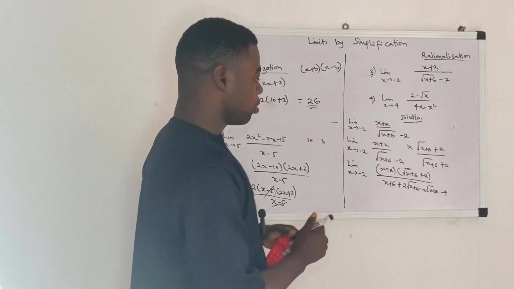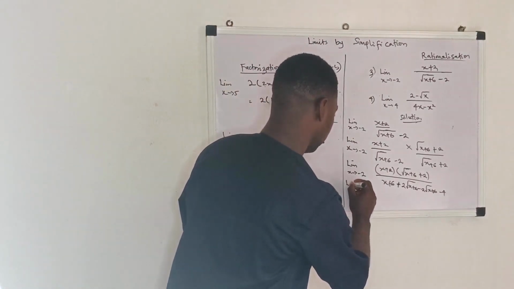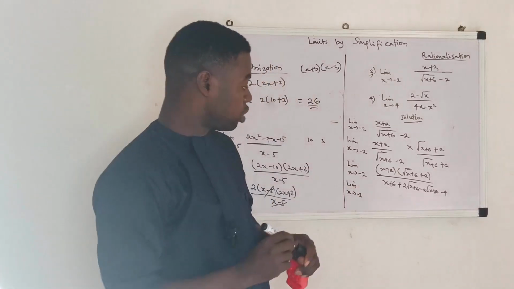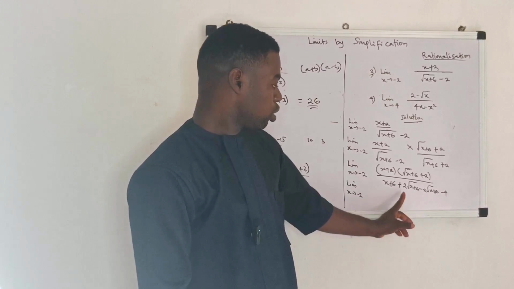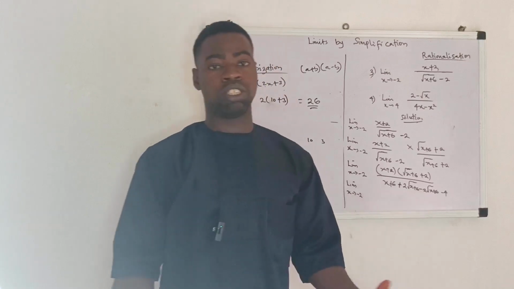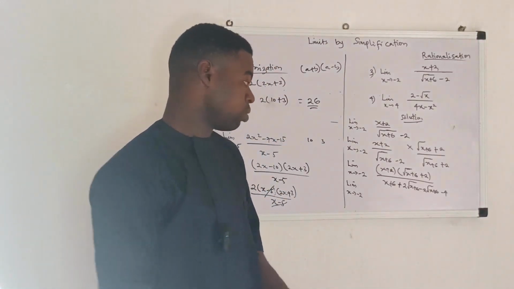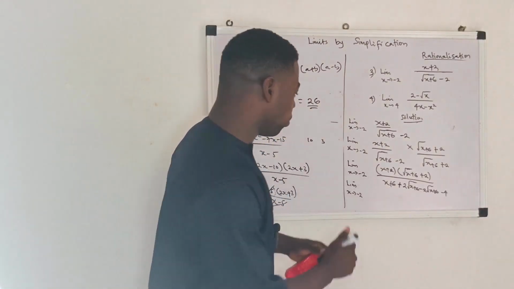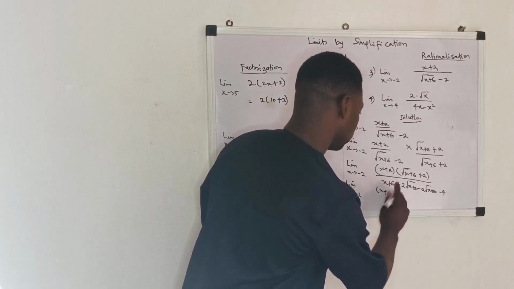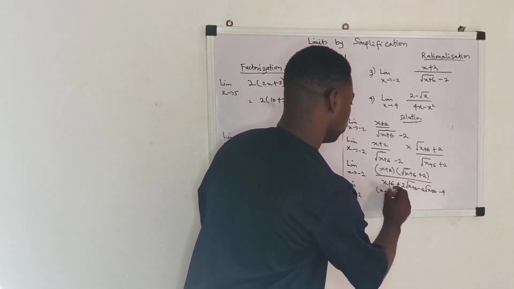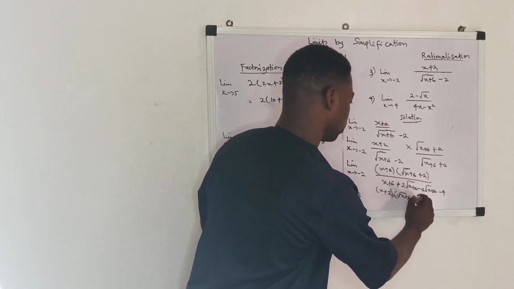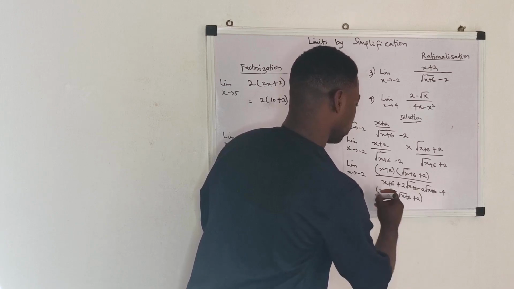Okay, now let's move a step further. So this is the limit as x approaches -2. Of course, 2 root x plus 6 minus 2 root x plus 6 will give us 0. That's correct. And then we'll have (x plus 6 minus 4) over (x plus 2) times (square root of x plus 6 plus 2).